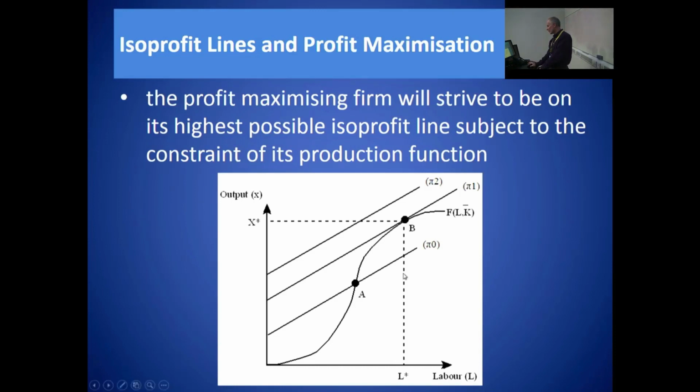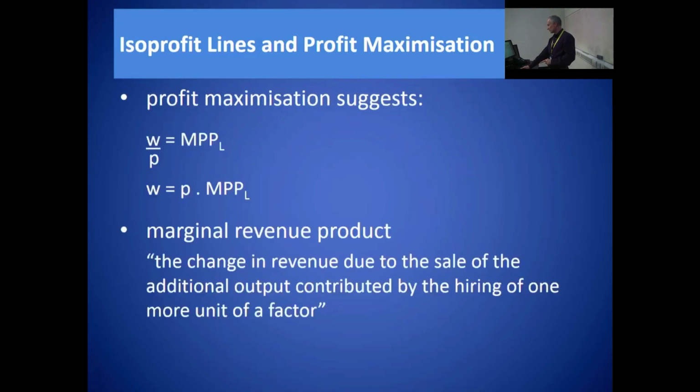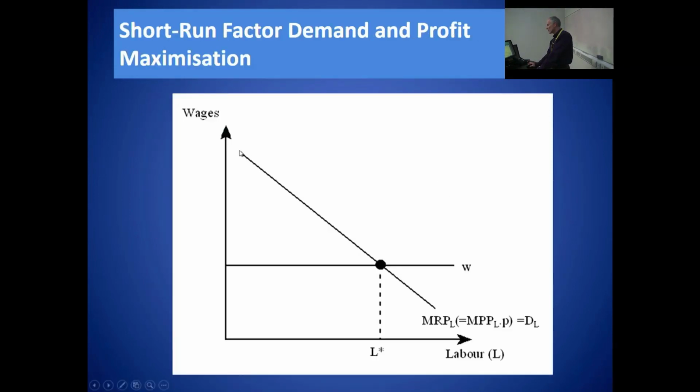But from this diagram, the only part of the schedule where we're going to get profit maximisation is where we have diminishing marginal returns. The marginal physical product of labour schedule slopes downwards. So if you take marginal physical product, which slopes downwards, and multiply it by a constant price, that schedule is still going to slope downwards. And that is the marginal revenue product of labour schedule.